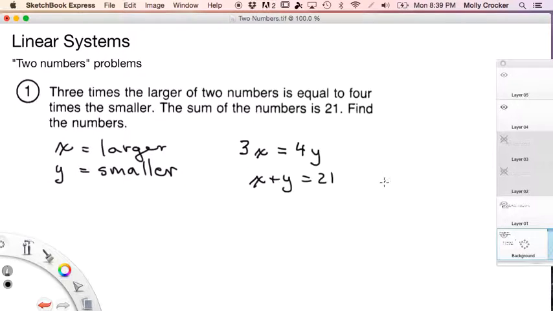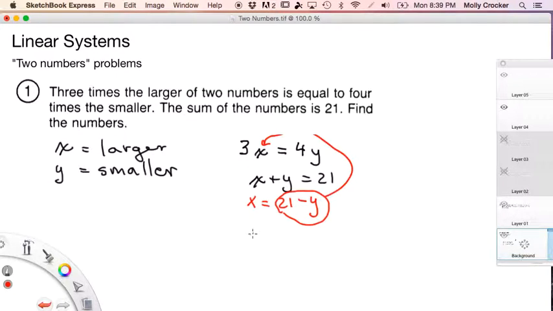And then the question becomes, how do you want to solve this system? Well, this is very similar to the substitution problems we used, and indeed, we could get x or y by itself very quickly. So I think I will do that. I will rewrite this second equation as x equals 21 minus y. And then I'm going to take what x is worth and put it in the first equation right there.